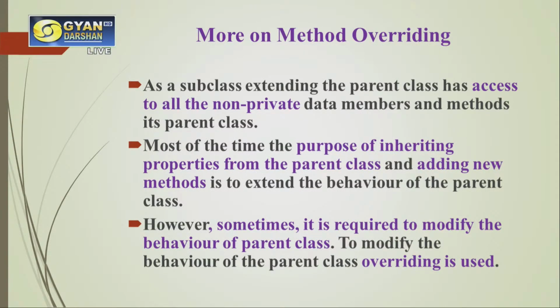Some more on method overriding, if we look a little more closely. Subclasses extend the parent class, and they have access to the non-private methods of the parent. To hide the parent class implementation in the derived class, we have their own implementation, and that is why the methods are overridden.